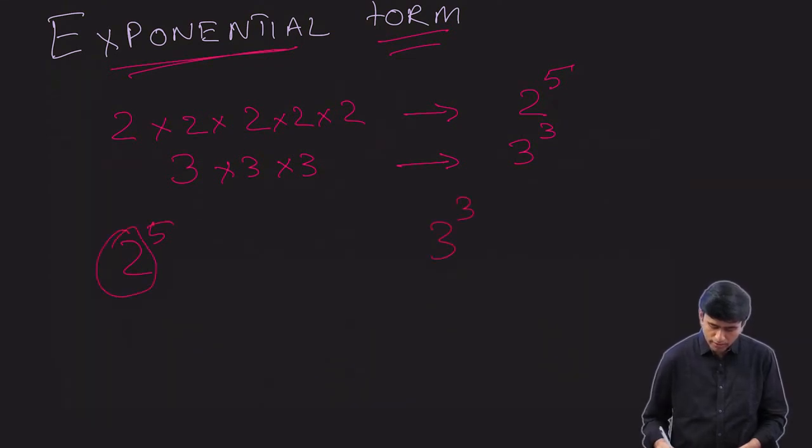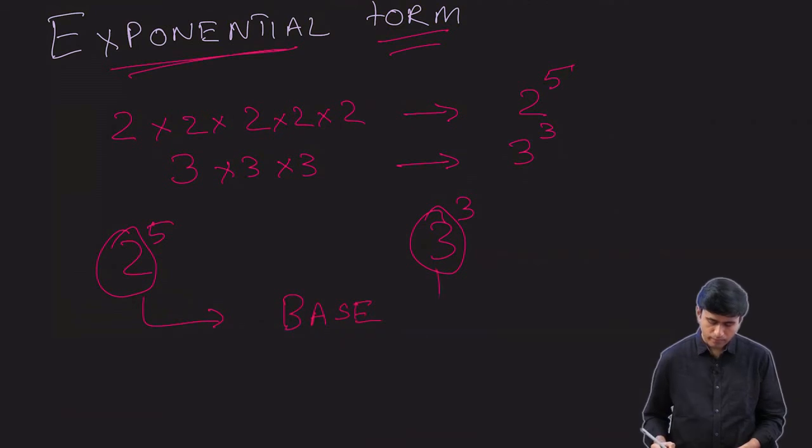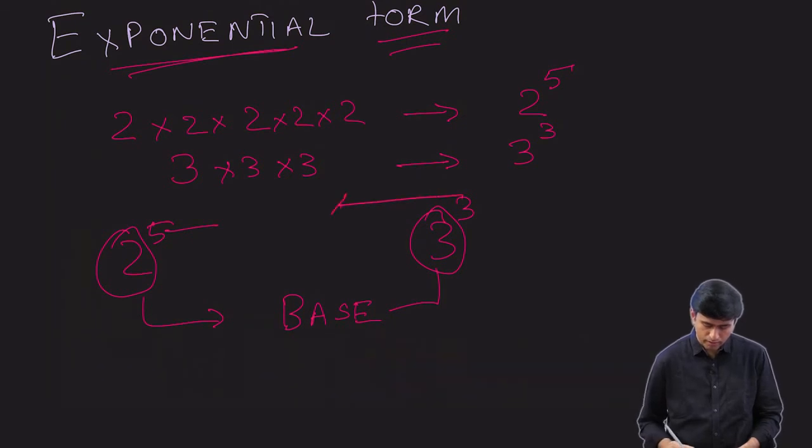In 2 to the power of 5 and 3 to the power of 3, 2 and 3 are called the base. The 5 and this 3 are called the exponents or index.